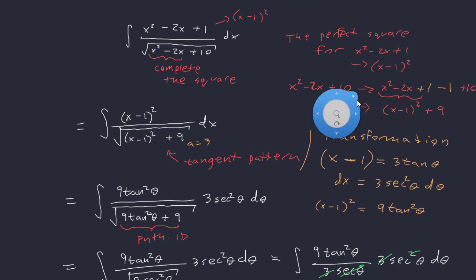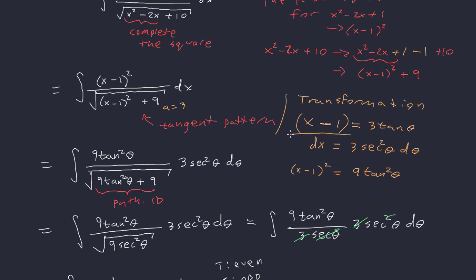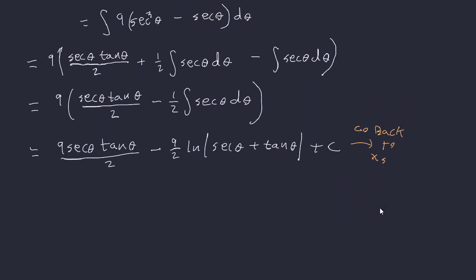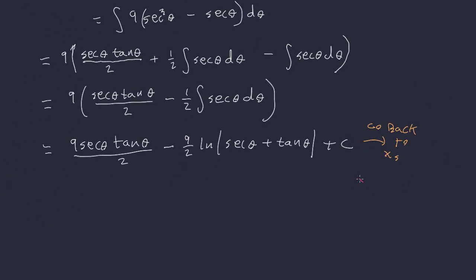That was this guy right here. x minus 1 is equal to 3 tangent theta. Well, to make it a little more useful for a reference triangle, we're going to divide by 3. And we'll get x minus 1 over 3 is equal to tangent theta.